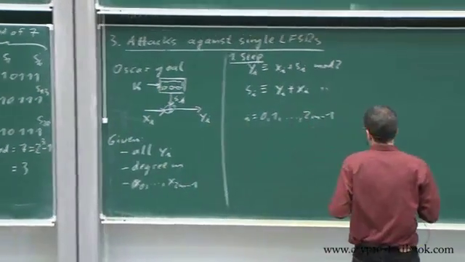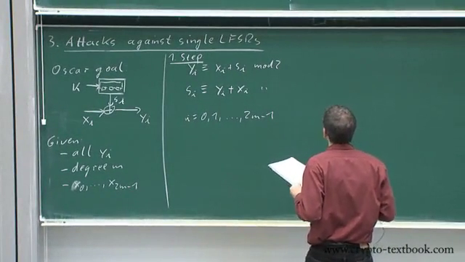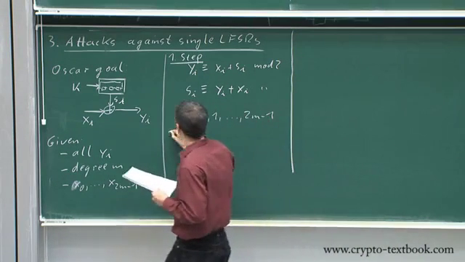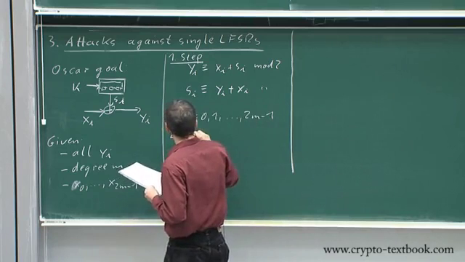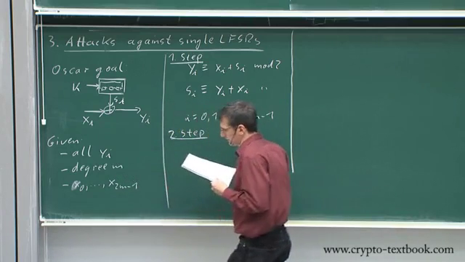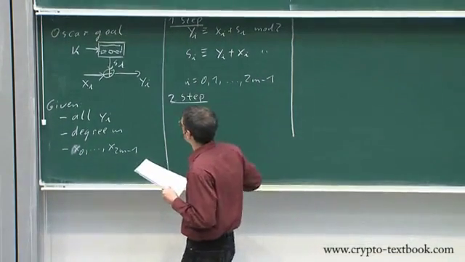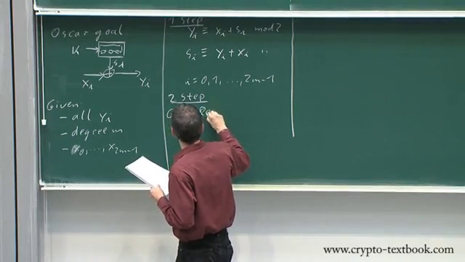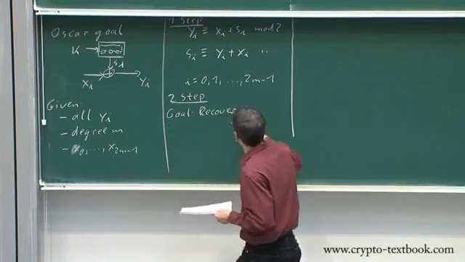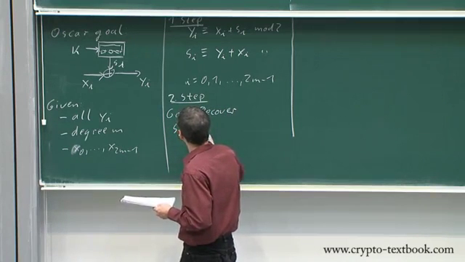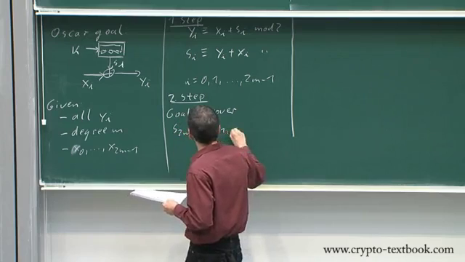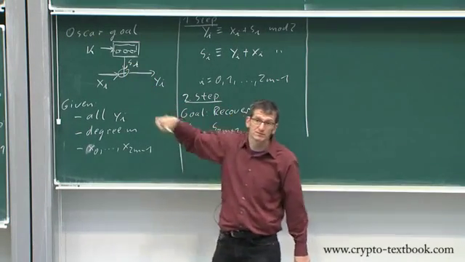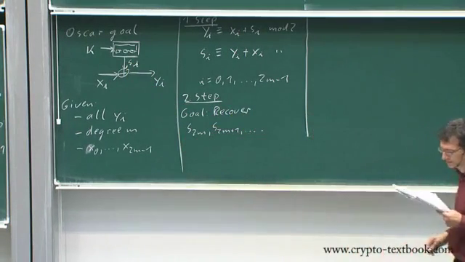The second step is now this goal: recover s_{2m}, s_{2m+1}, and so forth. You would like to know all subsequent bits that come out of your stream cipher generator.